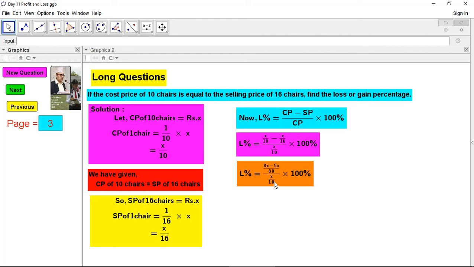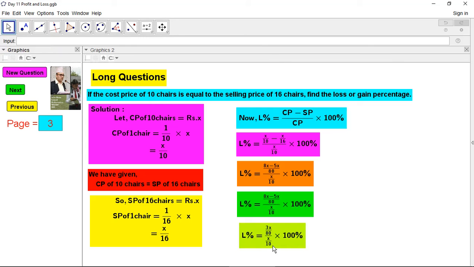Then the next step is (8x minus 5x) by 80, by x by 10, into 100%. Same process is repeated, dear students. And 3x by 80 by x by 10 into 100%. One more step I have written.